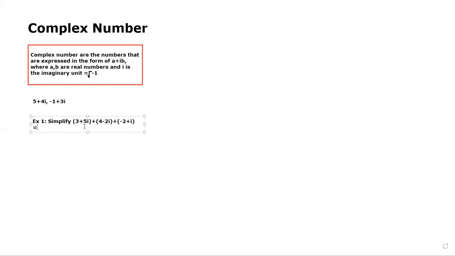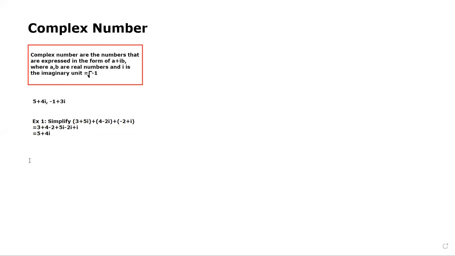So 3 plus 4 plus minus 2 gives 5, then the imaginary part, 5i plus minus 2i plus i, which is equal to 3 plus 7 minus 2, that is 5, and 5 minus 2i, that is 3i, plus i, that is 4i. So this is very simple.